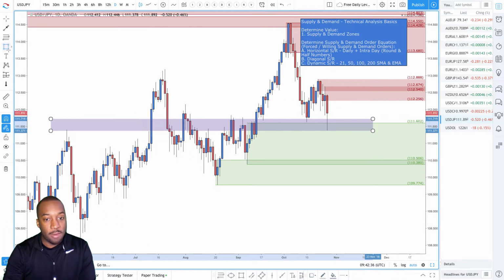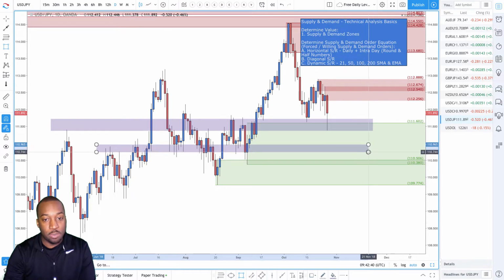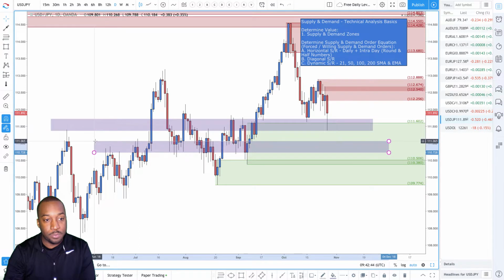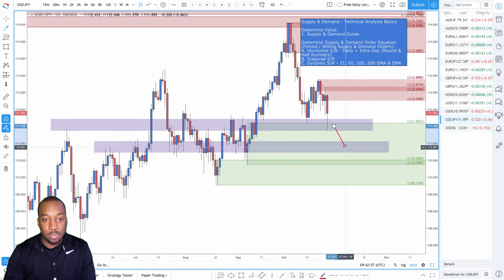We've also got another area within this large demand zone where traders would be looking to potentially buy, where you've got resistance, resistance, support, a bit of support and resistance going on here, support, a bit of support here. So when prices come down into this zone, this is another area where we might be looking to potentially get long.